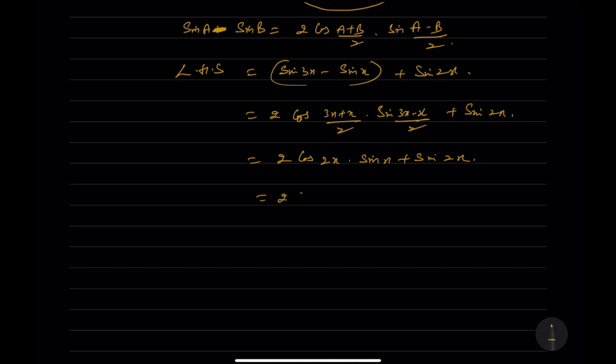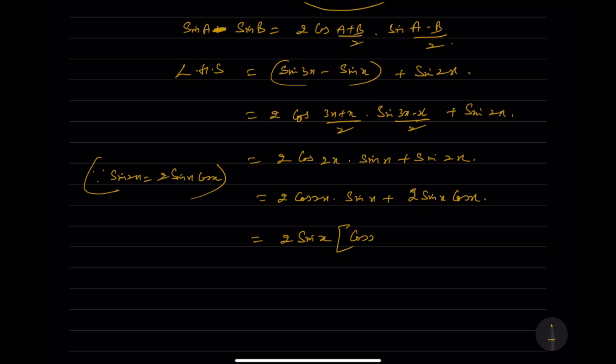So this is equal to 2 cos 2x into sin x plus, now sin 2x can be written as 2 sin x cos x, since sin 2x is equal to 2 sin x cos x. Now here you can take out 2 sin x common in both of them, so you will get cos 2x plus cos x.